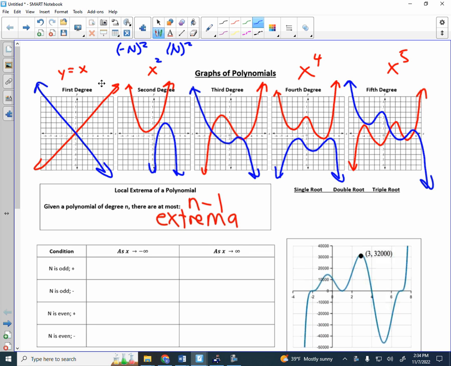Whereas in this situation, say a third degree, if you take a large number and cube it, you're going to get positive. Whereas you take a large negative number and cube it, it's going to be opposite. See that? And that's why they go in opposite directions, because the positives and negatives are treated differently. Whereas if it's an even function, it doesn't matter if it's positive or negative, does it? Okay, they turn out the same.